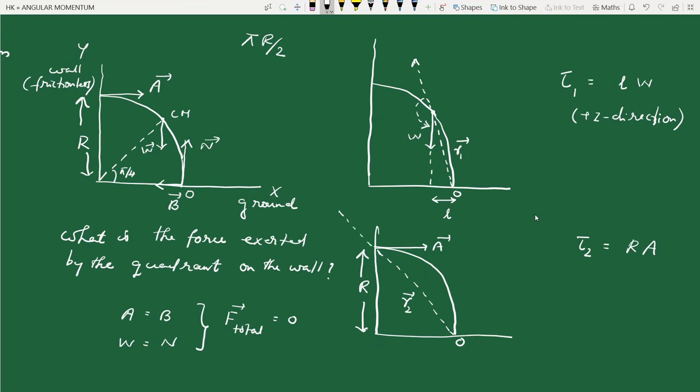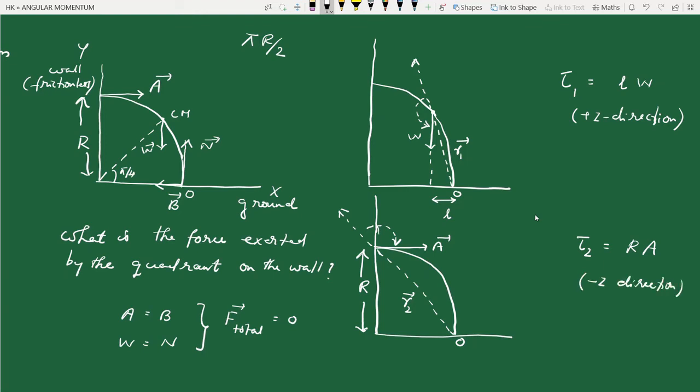So the direction of the torque is the direction of r2 cross A. Now this sense of rotation is clockwise. That means the direction of the torque is in the minus z direction.